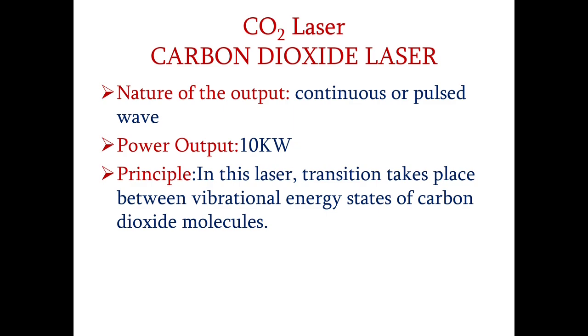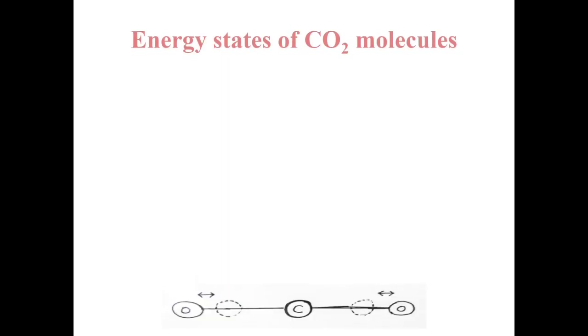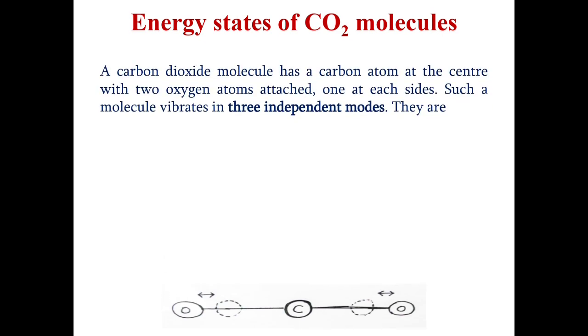The laser action here takes place between the vibrational energy states of carbon dioxide. So the principle of carbon dioxide laser is the transition takes place between the vibrational energy states of carbon dioxide molecules. Now let us discuss the energy states of carbon dioxide molecules.